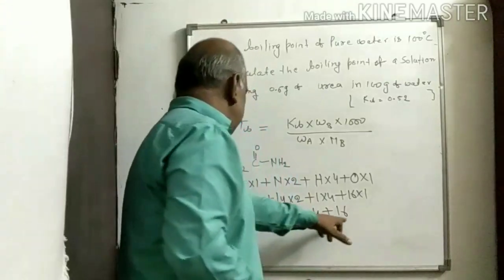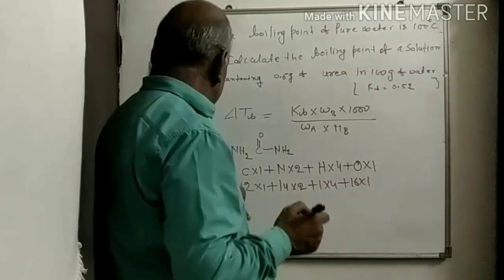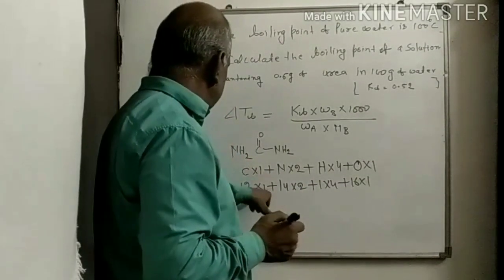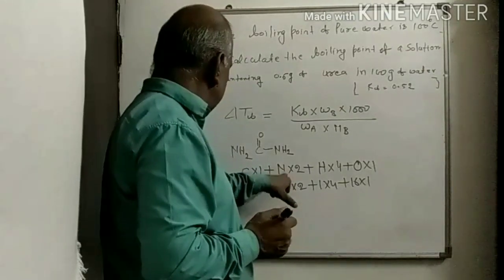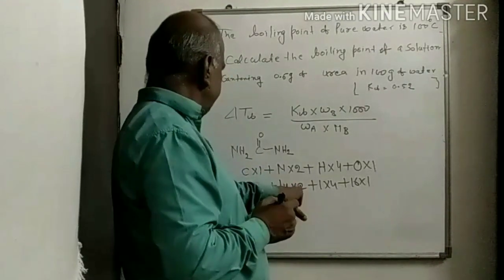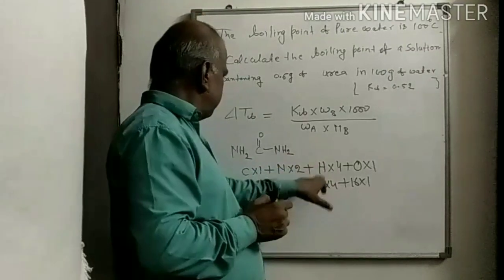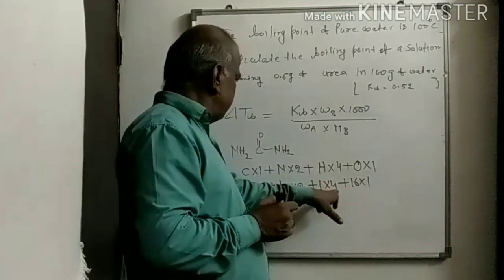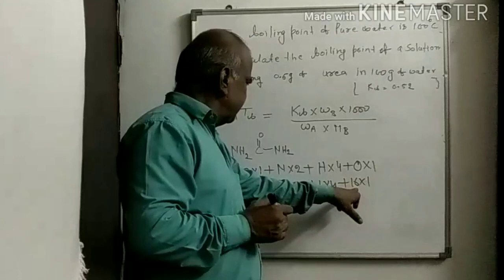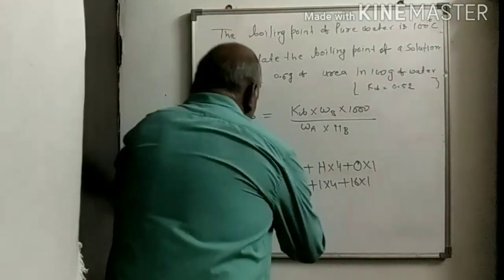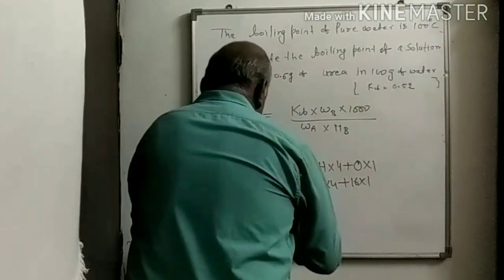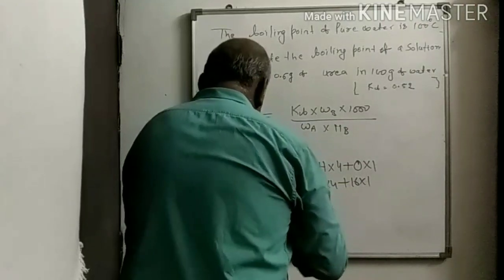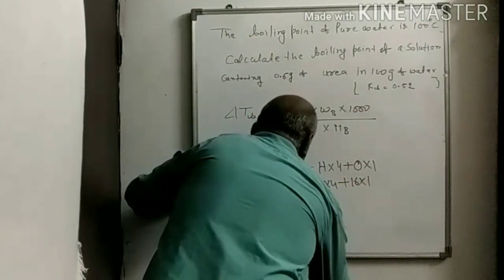Now add together. We get 12 into 1, plus the atomic mass of nitrogen is 14, 14 into 2, plus hydrogen 1 into 4, plus oxygen 16, 16 into 1. The final calculation is by adding together, that is 60.